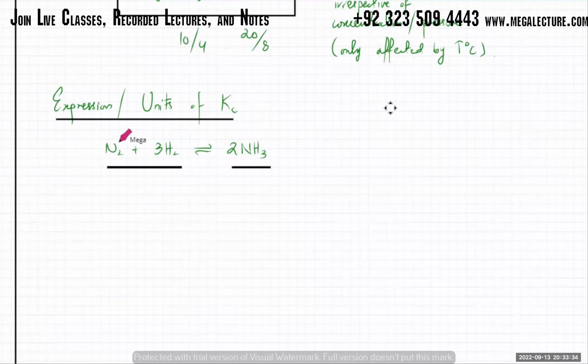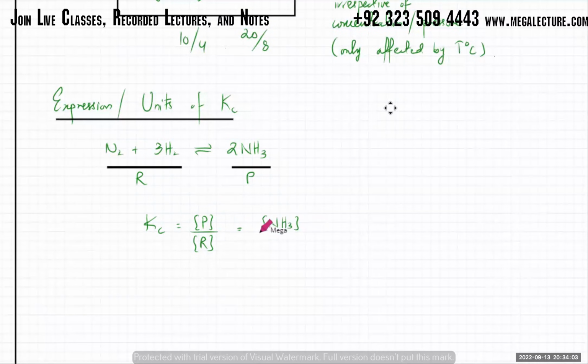It's the ratio of the products with respect to reactants. So Kc will be the product concentration divided by the reactant concentration, right? So what do we have? We've got NH3 concentration, that's my product.